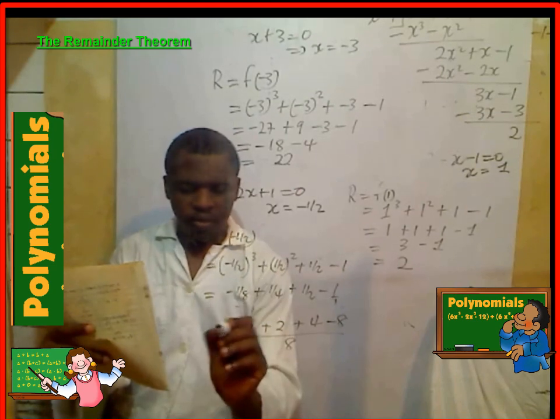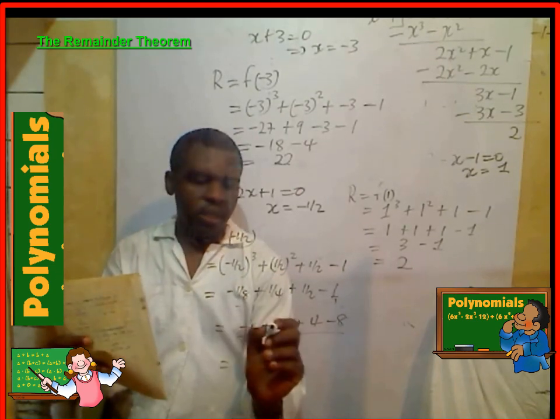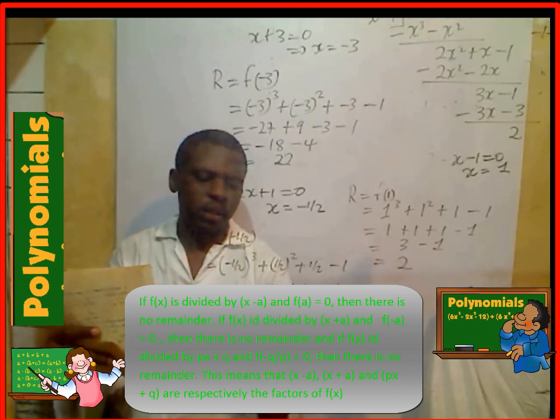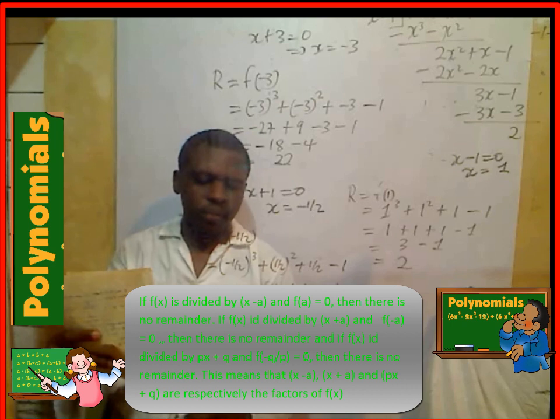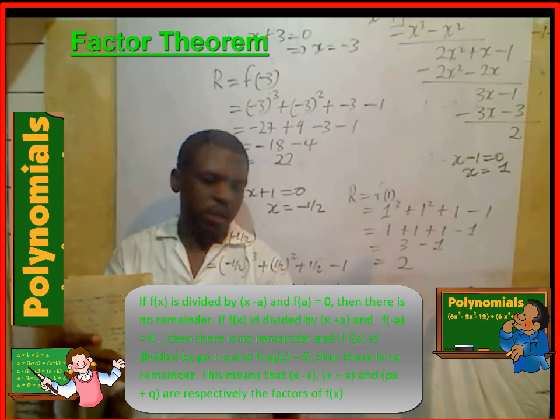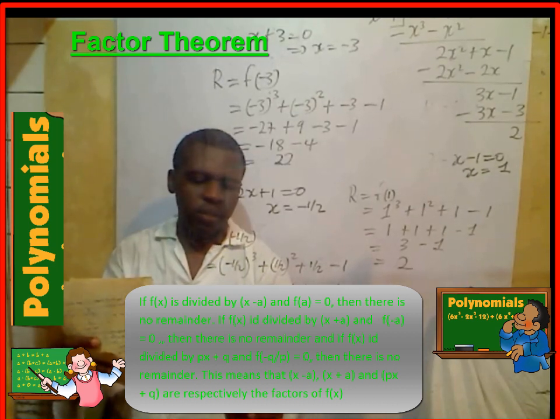Let's simplify this. Minus 1 plus 2 gives us 1, minus 4 minus 8 gives us minus 4, all over 8. This is equal to minus 3 over 8. This is our remainder.